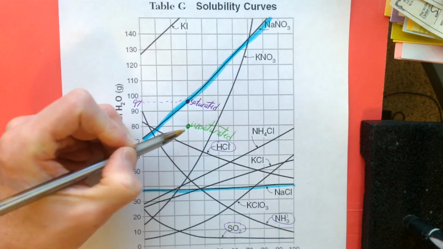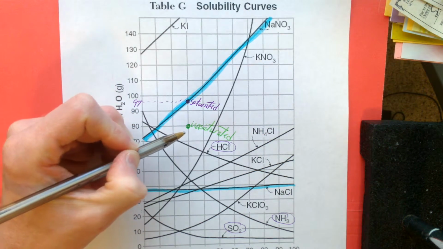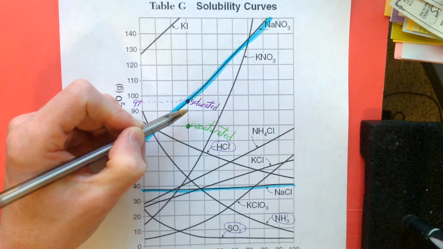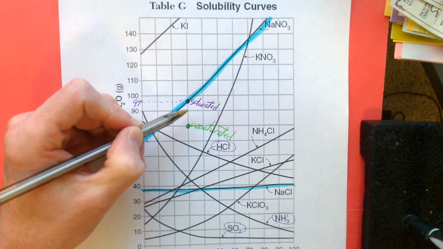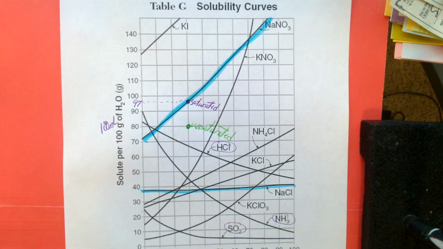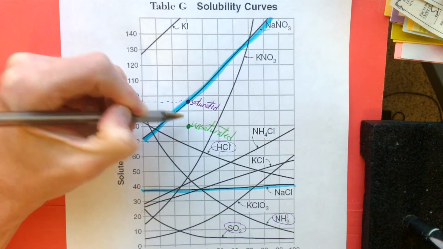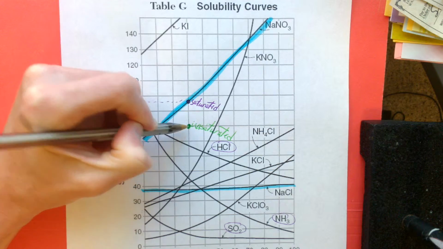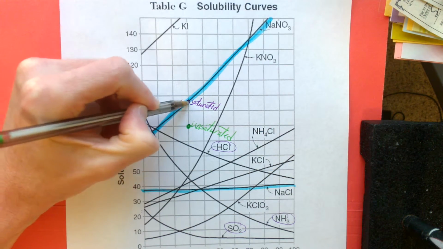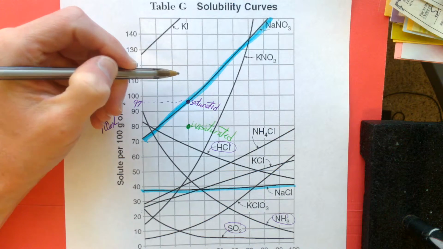It has a lesser amount than what actually can be dissolved. Some people might term it a dilute solution. You might have heard that before. It's dilute, or some people use the phrase weak, but that's not an appropriate use of that term in this case. But this is an unsaturated solution when you dissolve a given amount of solute that is less than the maximum that can be dissolved at that temperature. Okay, so that would be unsaturated.